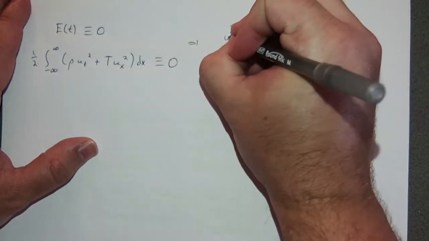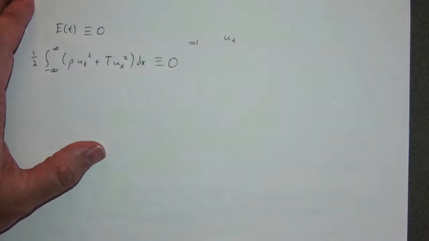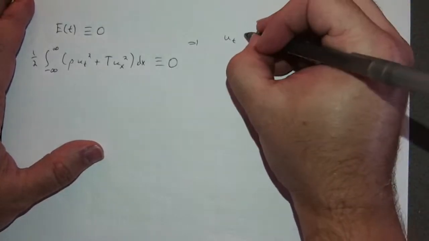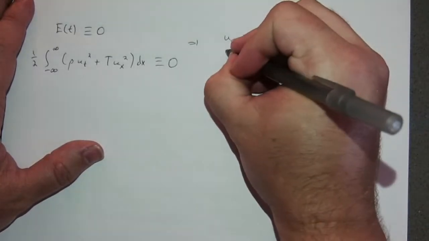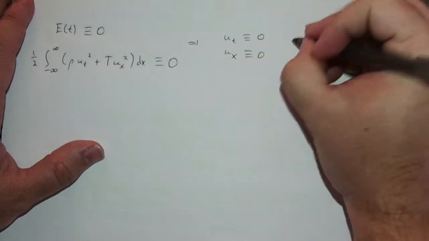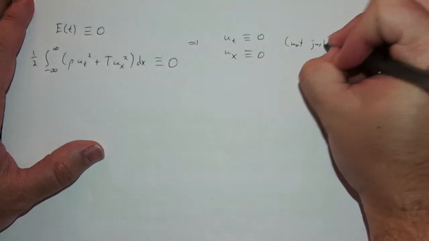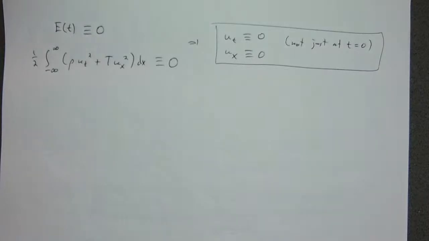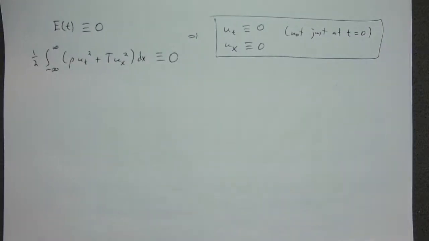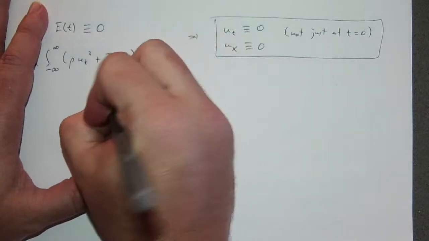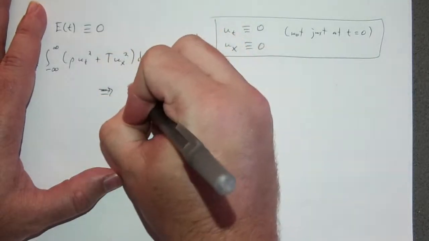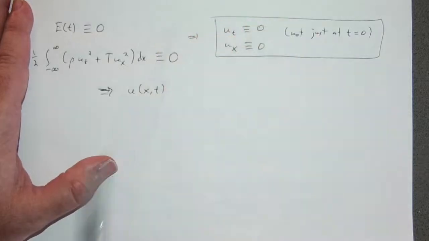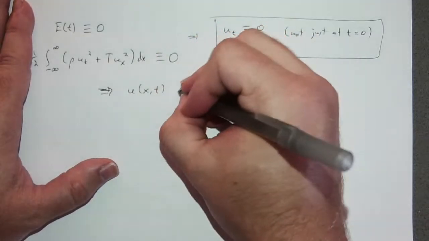If this is identically 0, this implies that u sub t and u sub x are identically 0, not just at t equals 0. But if that's the case, then our solution, u of x,t, must be constant for all x and t.